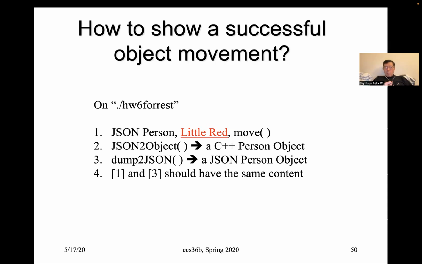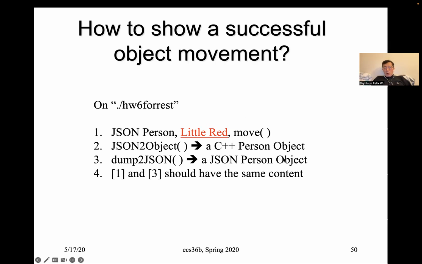HW5 home to HW5 forest. By the way, this should be HW5 forest. Okay, so that's the way you can show it. Essentially what I expect you to show is that you do a two-style string to print this JSON, and in step number 3 you do another two-style string, with std::cout.